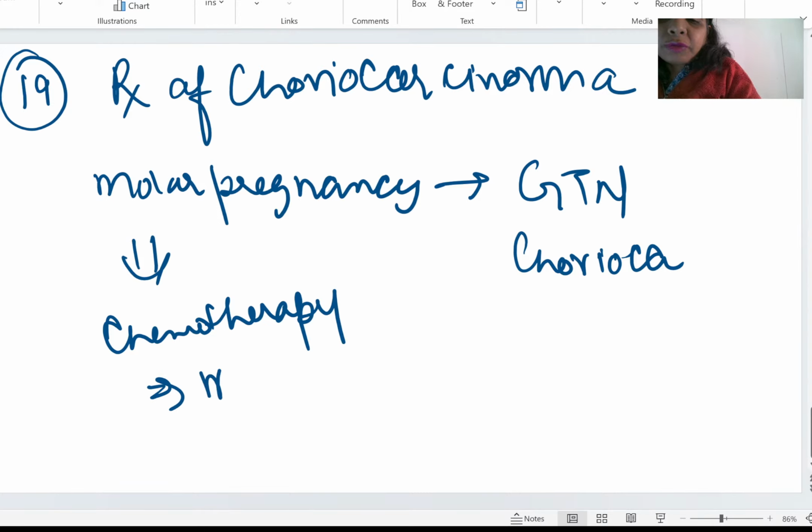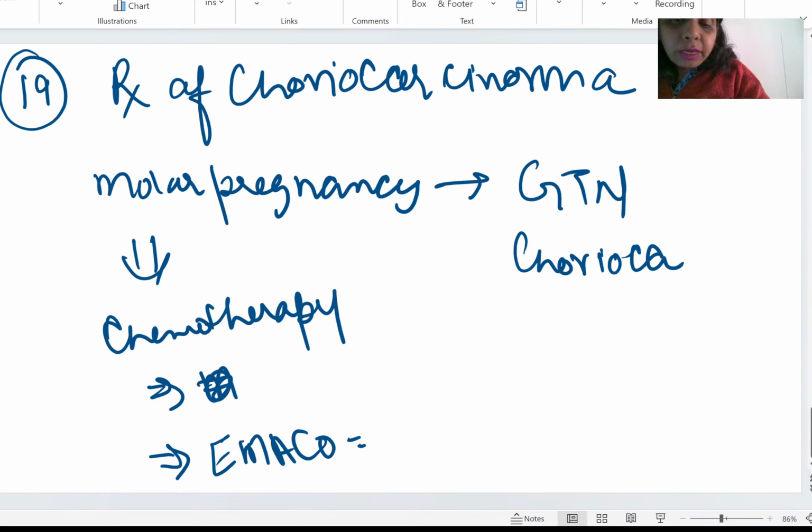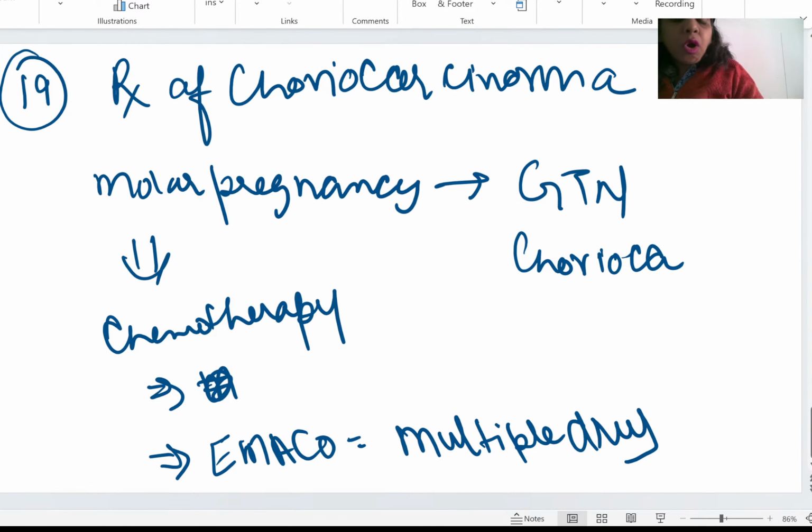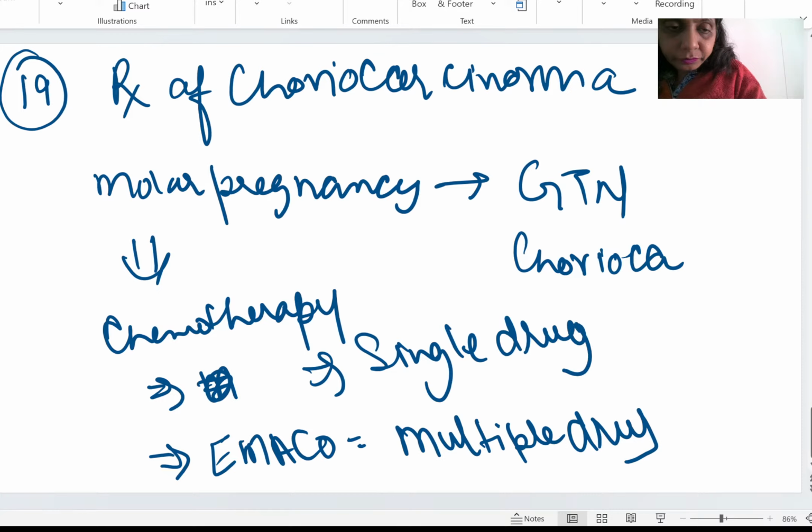Now either we have to give only a single agent. It has two treatments, IMACO, that is multiple drug, or single drug, depending on the risk score we calculate.